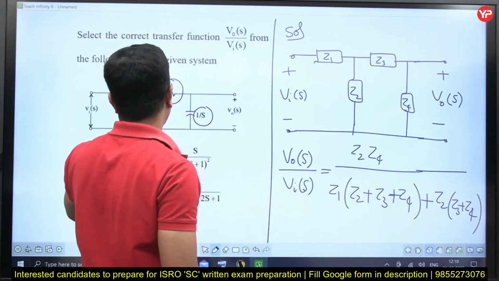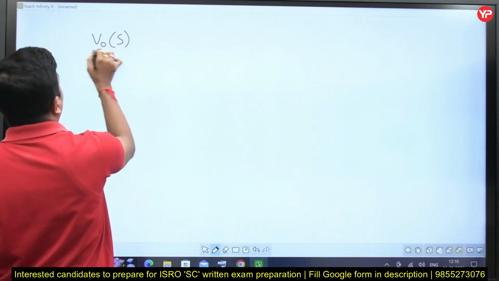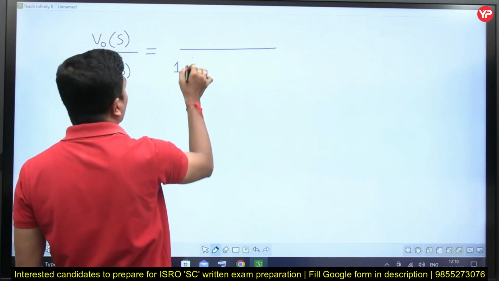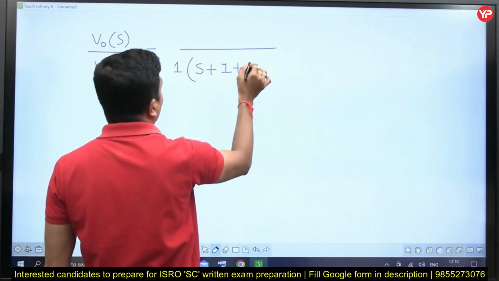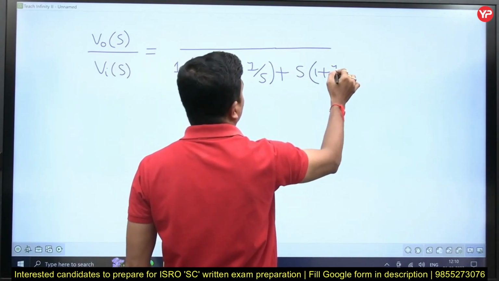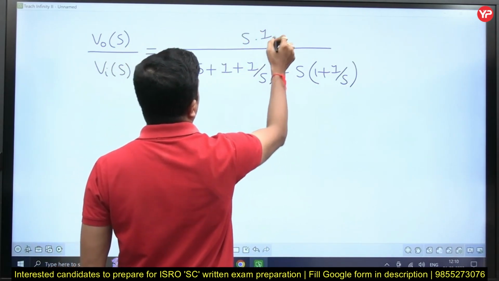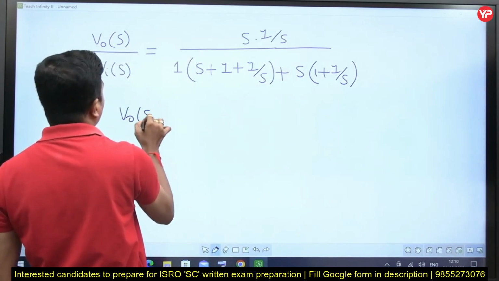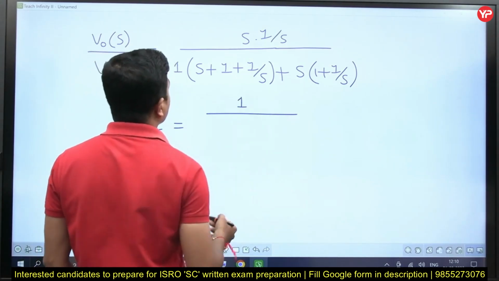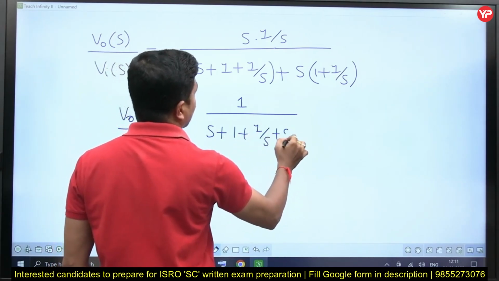So V naught of S by Vi of S is equal to 1 S 1 by S, by Z1 into Z2 plus Z3 plus Z4 plus Z2 Z3 Z4, S into 1 by S. So V naught of S by Vi of S is equal to 1 by S plus 1 plus 1 by S plus S plus 1.